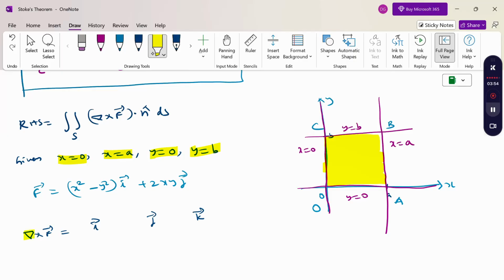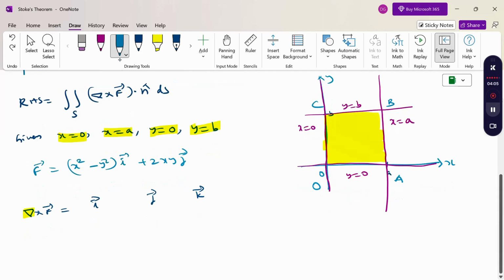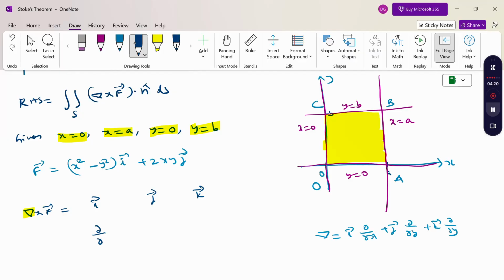Now the first row is del. Del is i into dou by dou x, j into dou by dou y, k into dou by dou z. So in the first row I write i, j, k; in the second row dou by dou x, dou by dou y, dou by dou z.